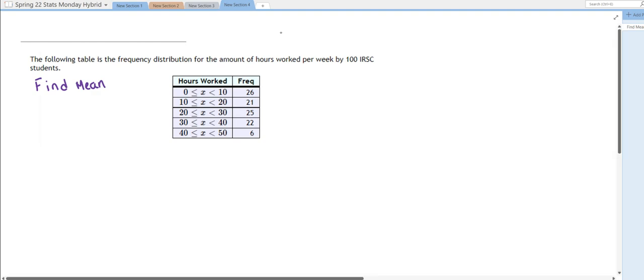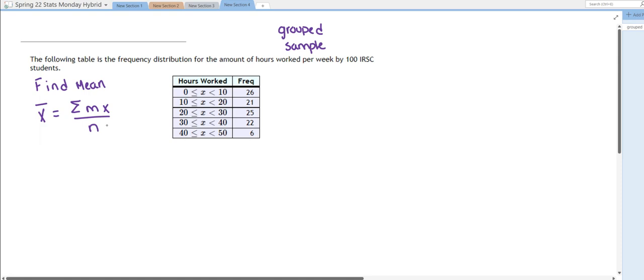So this is grouped, and this is a sample. So we are going to use the formula x bar equals the sum of m times x over n. Okay, so our x is going to be our frequencies.